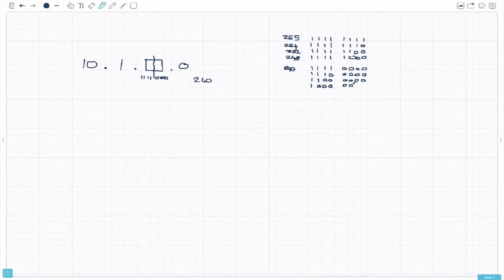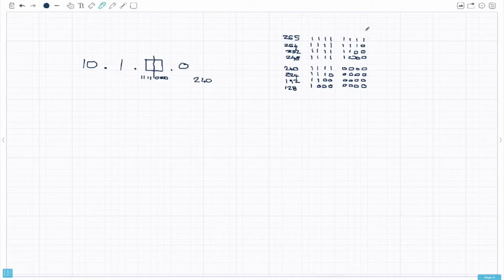Okay, so I'm going to clear that up a little bit. It's not very clear. That's 240. That's 224. That's 192. You get to know these numbers after a while. And of course, that's 128.